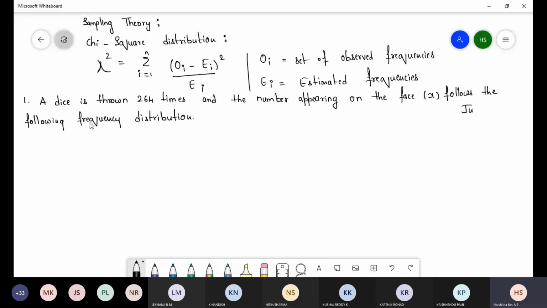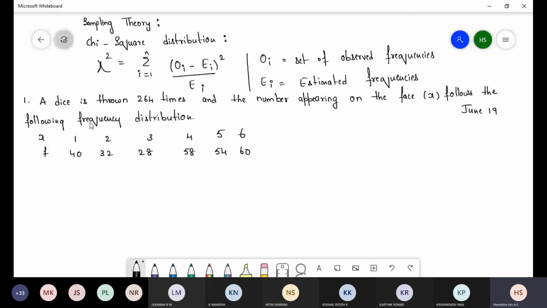Take down the values. X, here F means frequency. X: 1, 2, 3, 4, 5, 6; F: 40, 32, 28, 58, 54, 60.